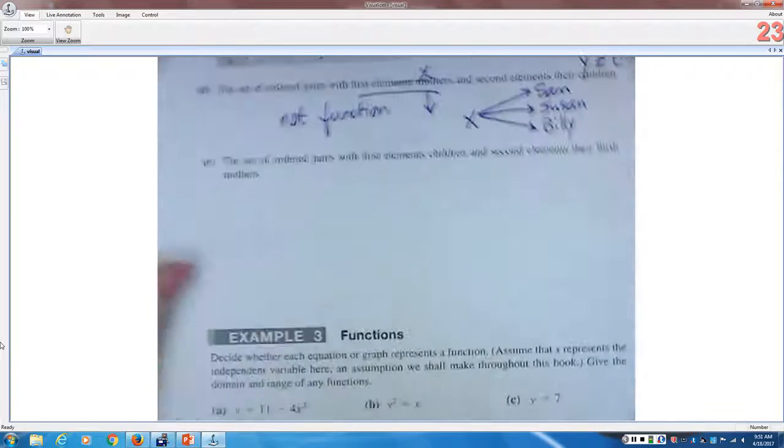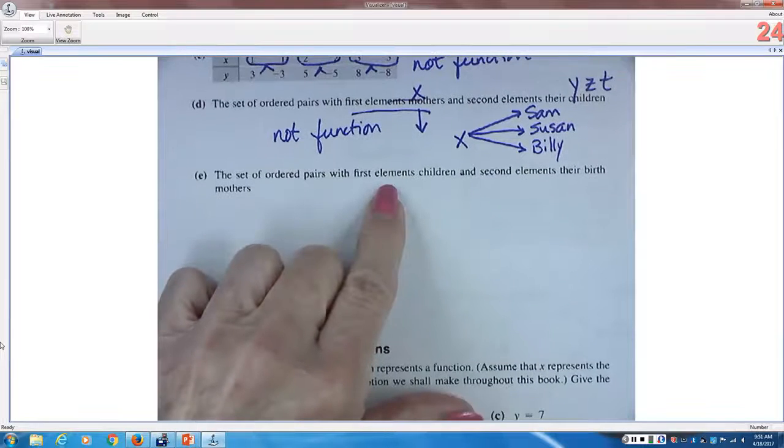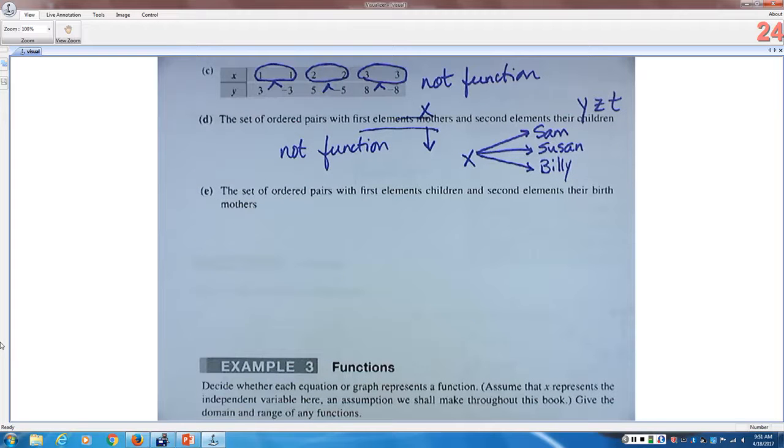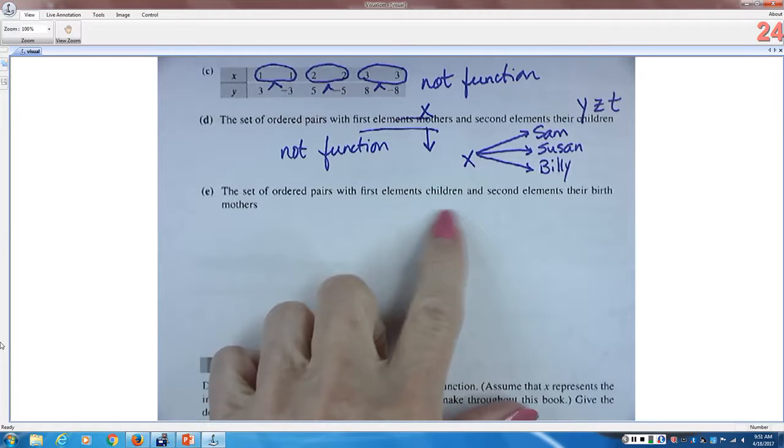Now, when we reverse that, the first elements are the children, and the second elements are their birth mothers. And it's important to notice that it's restricted to the birth mother, because two mothers cannot give birth to the same child. Okay? So how many birth mothers does a child have? Just one.